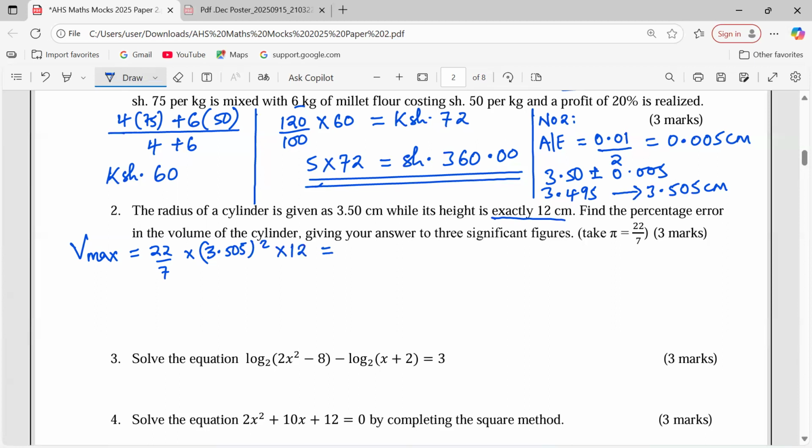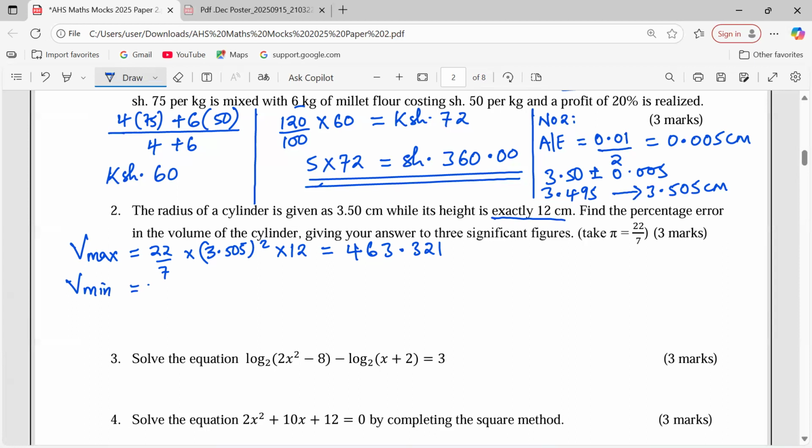This will give us the maximum volume. So 22/7 multiplied by 3.505 squared, multiplied by 12. This gives us 463.321 cubic centimeters.